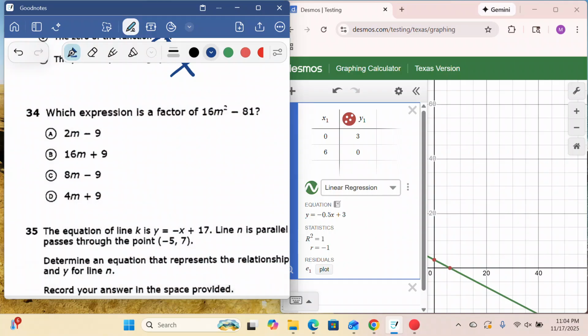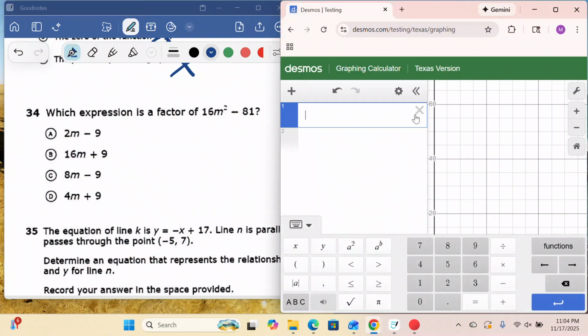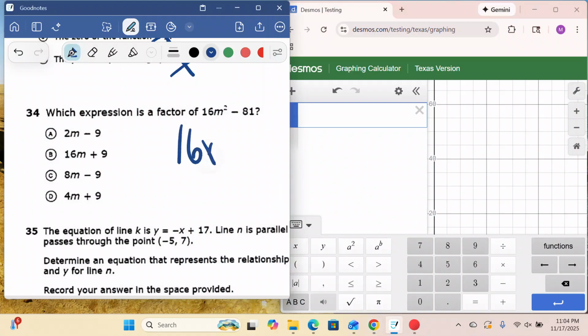Which expression is a factor of 16m squared minus 81? You want to find the one that goes directly through the x-intercept. But you might say, hey, the m, how do I put m into Desmos? Well, you can't. But all you have to do is write it as 16x squared minus 81.